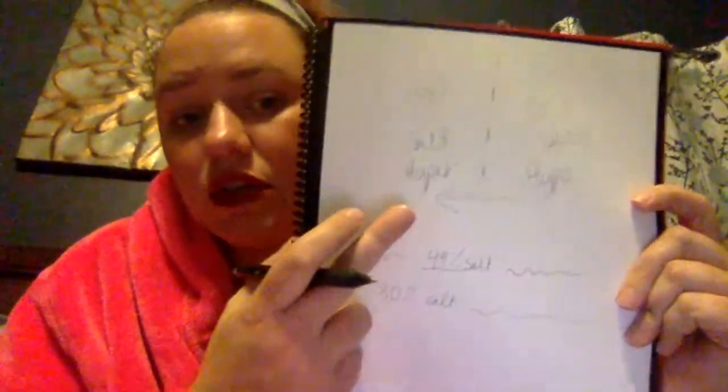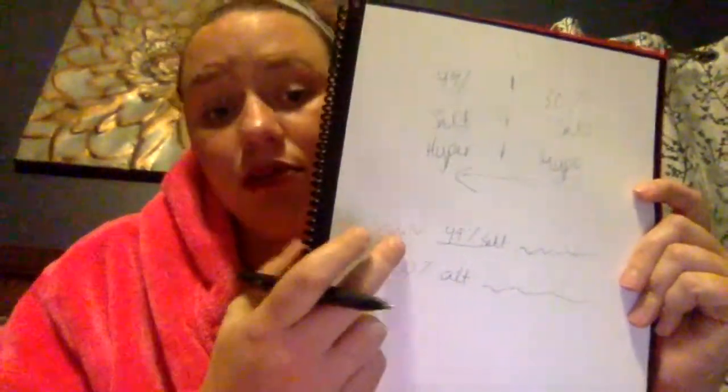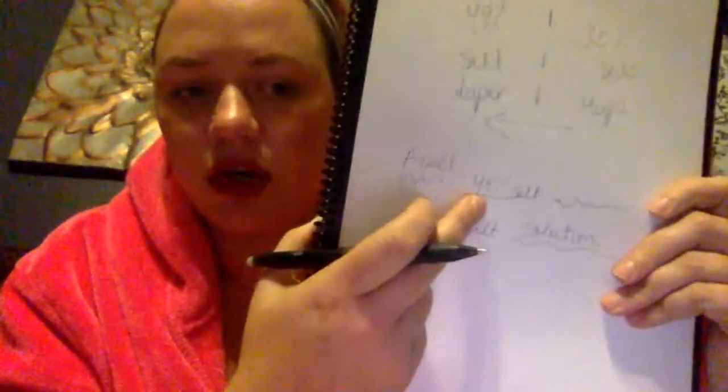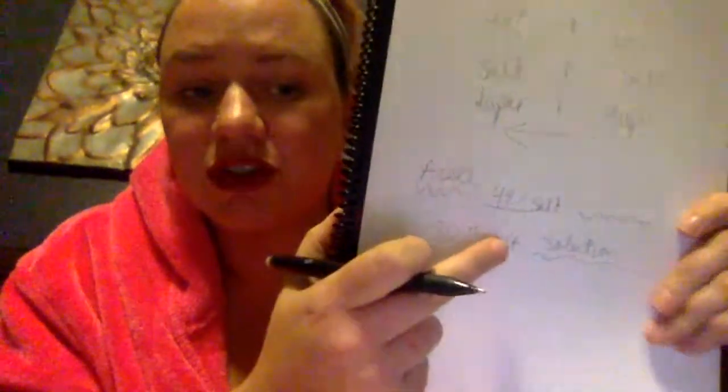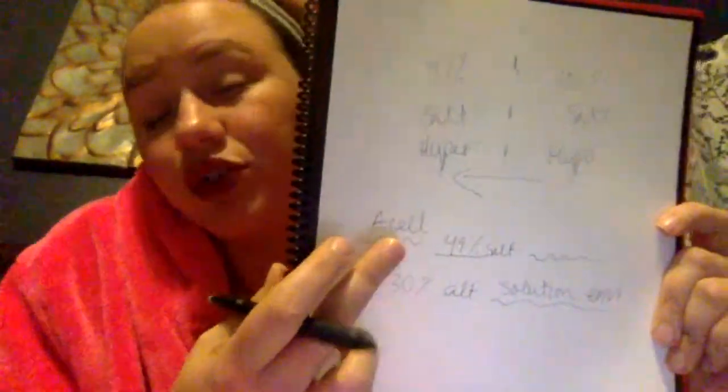All right. So now if I go back to this, what if I actually change that and say a cell, 49%, 30% salt solution environment. You just flipped all of them off. Good. Okay. So now I've told you what they actually are, but you've already drawn everything out.